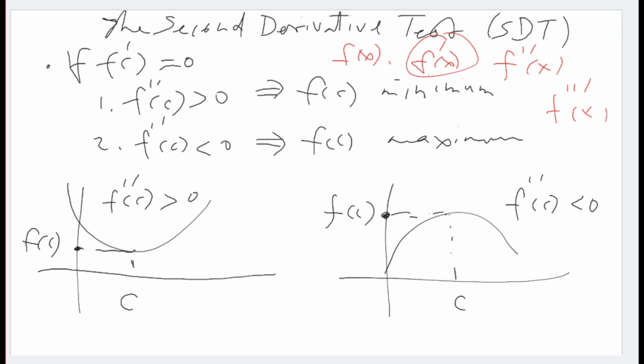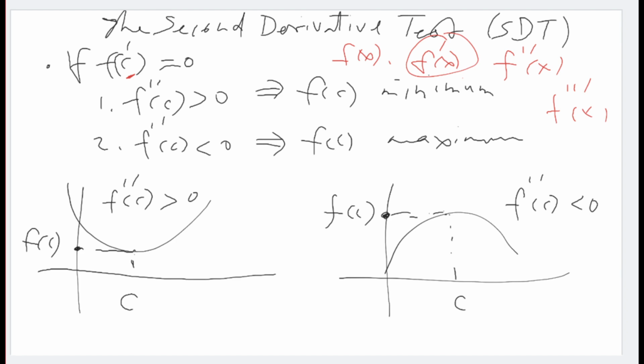The result says you're going to find the critical point first. Okay, it's always about the critical point. So you find c by solving f prime equal to 0, and then check the sign of the second derivative at c.